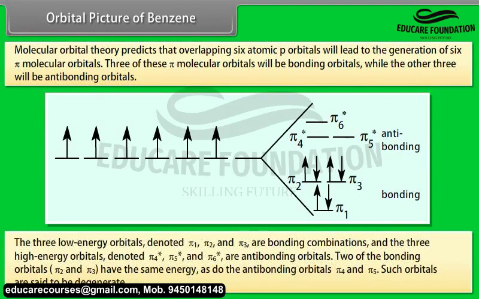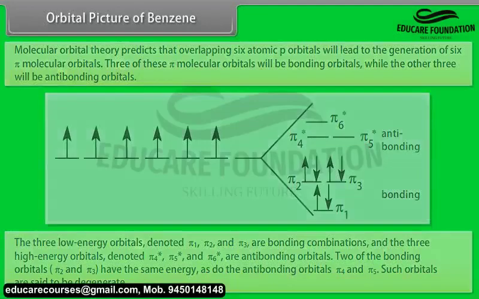The 3 low-energy orbitals, denoted pi1, pi2 and pi3, are bonding combinations, and the 3 high-energy orbitals, denoted pi4, pi5 and pi6, are anti-bonding orbitals. 2 of the bonding orbitals, pi2 and pi3, have the same energy, as do the anti-bonding orbitals, pi4 and pi5. Such orbitals are said to be degenerate.